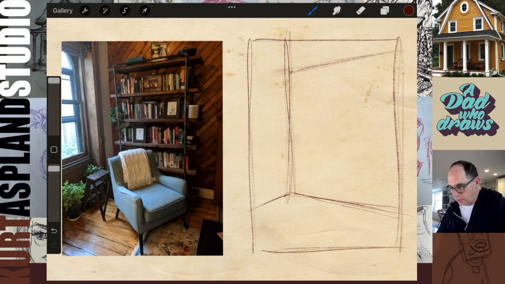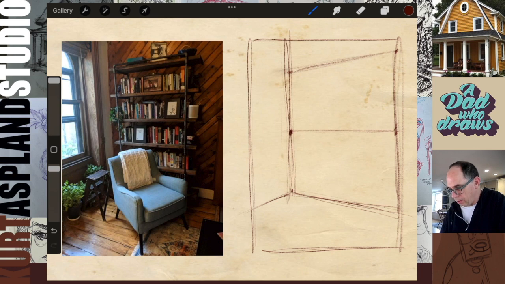So let's continue this. Let's take the halfway point between these two right there, and the halfway point between these two. We're really good at finding the halfway points of things, and lightly, very lightly, put those together like that. And then let's divide that in half again, and this one in half. Okay, it's right about there.